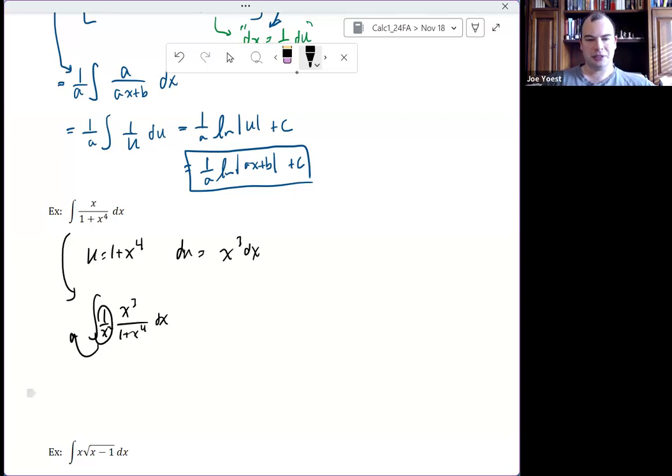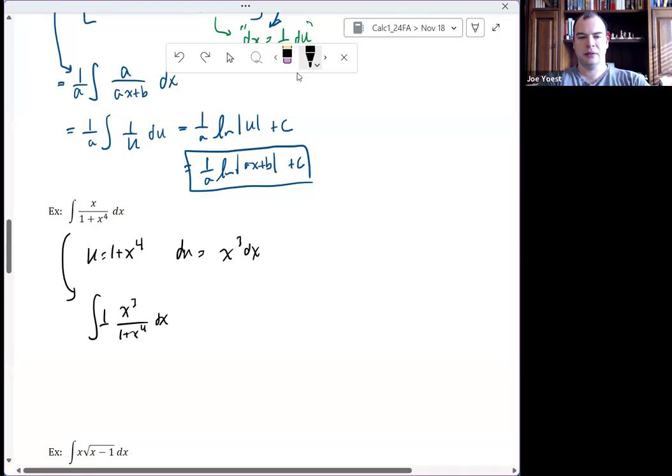That's not going to work. I can't just go and pull that out of the integral. That's not an allowable integral property. I can see that pretty clearly, right? So I don't think this substitution is going to work.